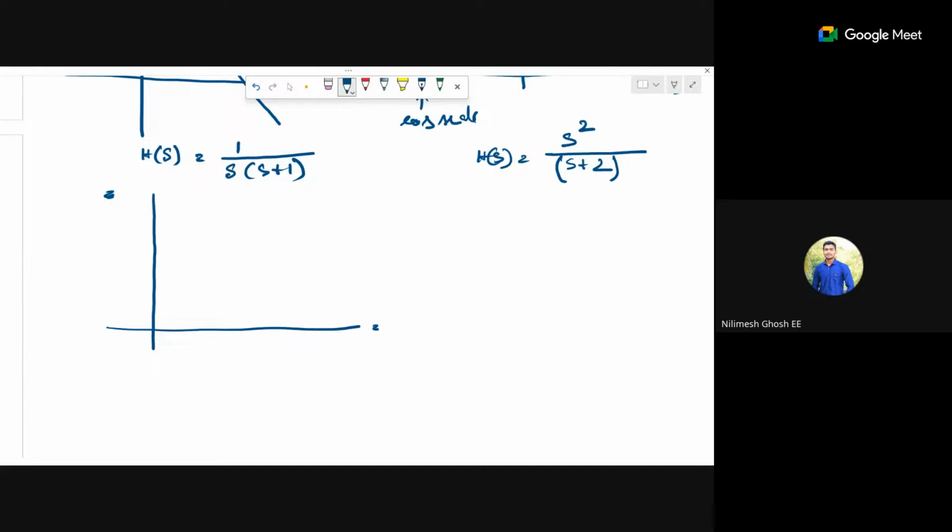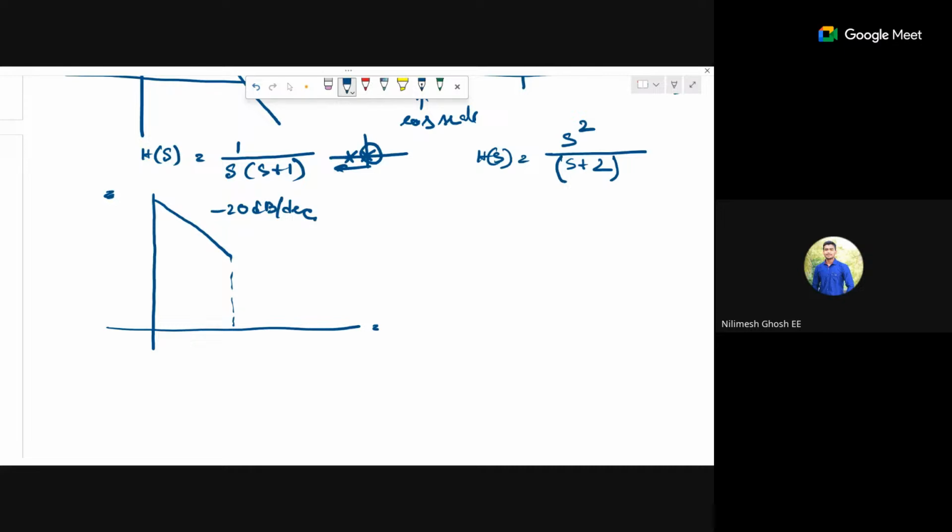So first it will have a starting slope of minus 20 dB per decade, because the pole-zero plot of this one is like this only, right? First we have a pole at s equal to 0, so there is a starting slope of minus 20 dB per decade. At omega equal to 1, this omega equal to 1 is called a corner frequency.